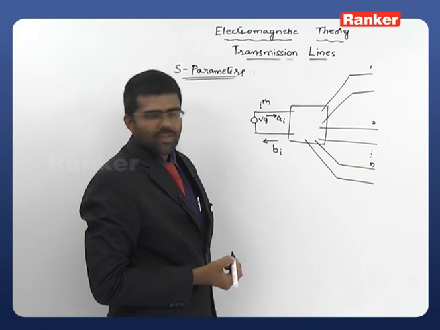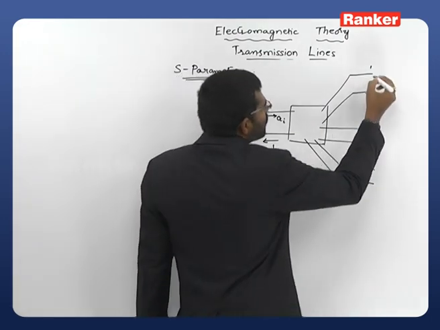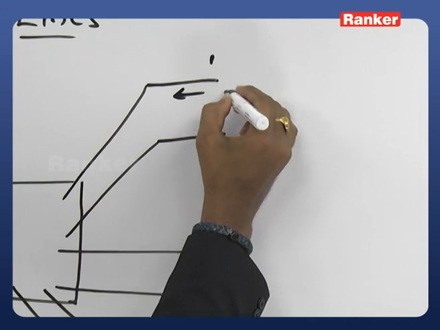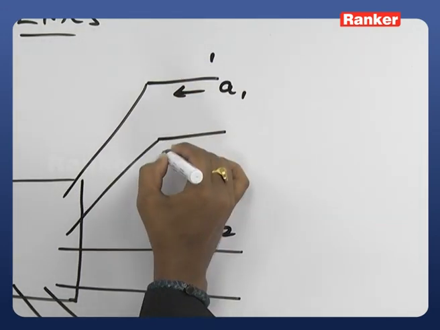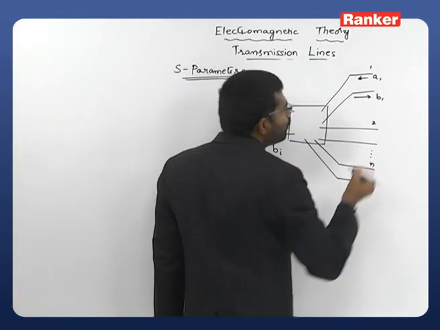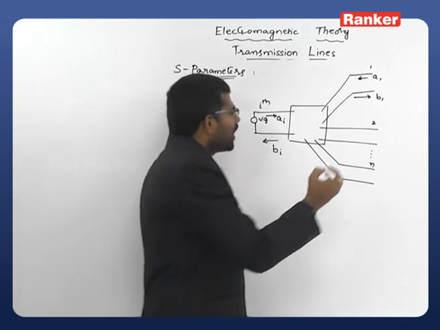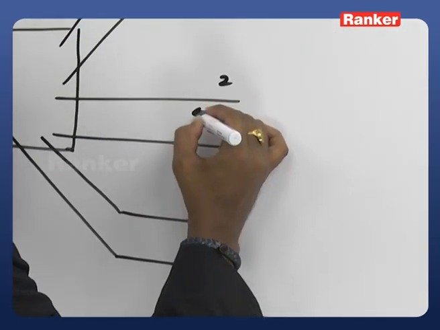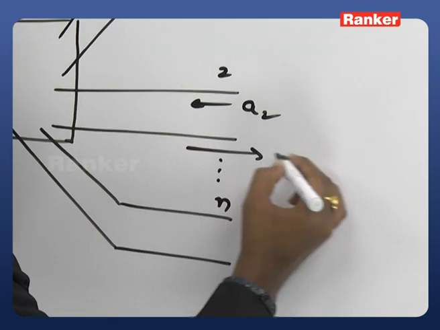Similarly, the wave applied to the first port is A1 and scattered from the first port is B1, and applied to the second port is A2 and scattered from the second port is B2.